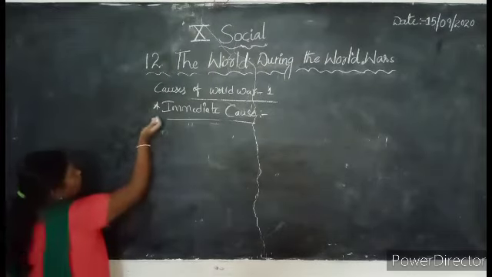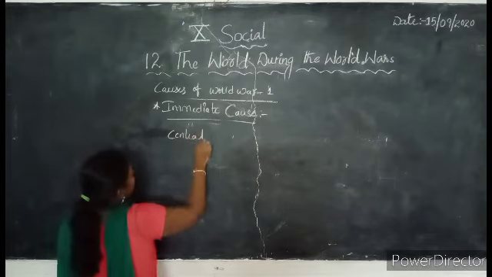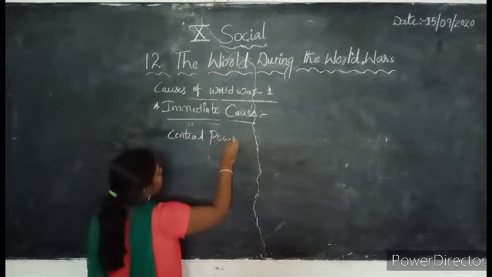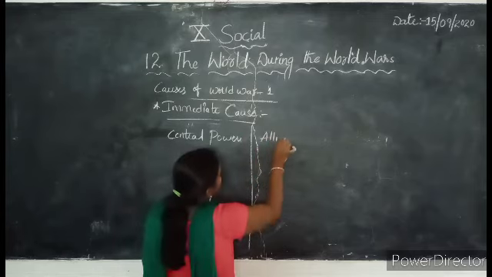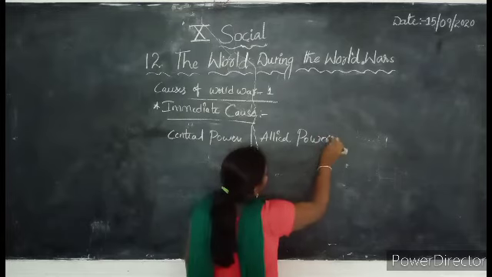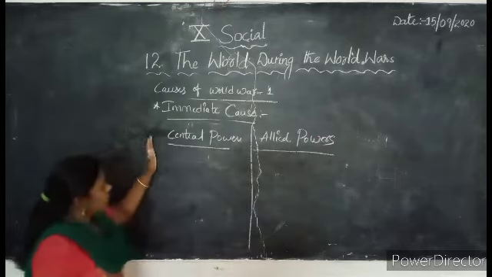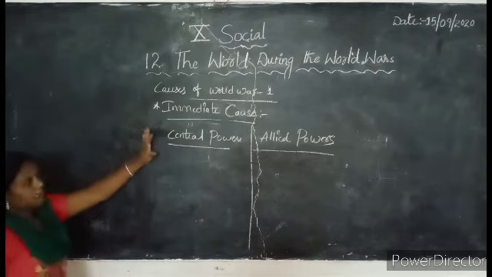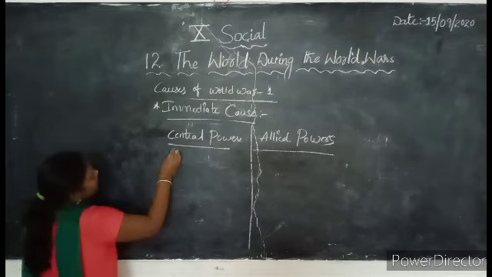Let us look into that. Now the war between the central powers and allied powers. So, what are called central powers? The countries which support Austria.